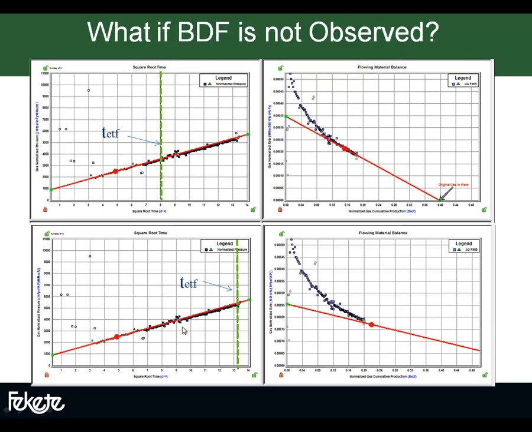The square root of time plot is going to show us our linear flow and is going to indicate where the transition from transient to boundary dominated flow is occurring. The flowing material balance plot is going to provide us with an extrapolation of the drainage volume or the stimulated reservoir volume. And these two used together can help us get a sense for those reservoir characteristics that are going to provide our forecast.